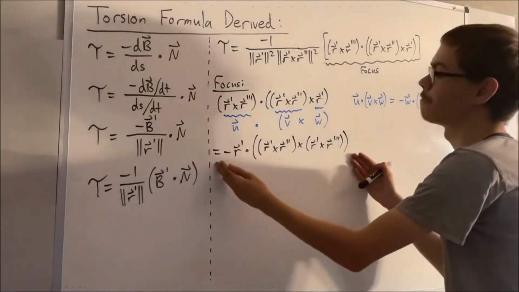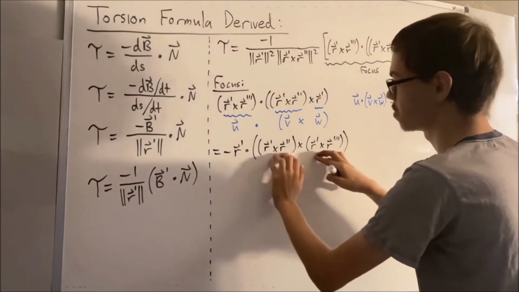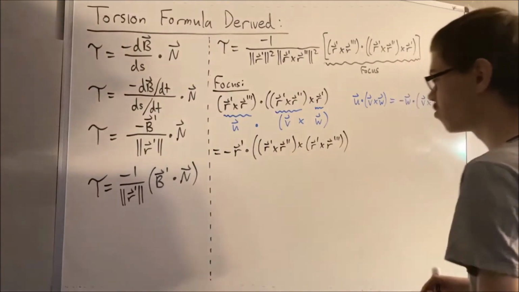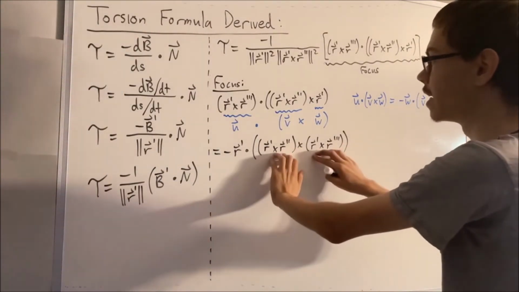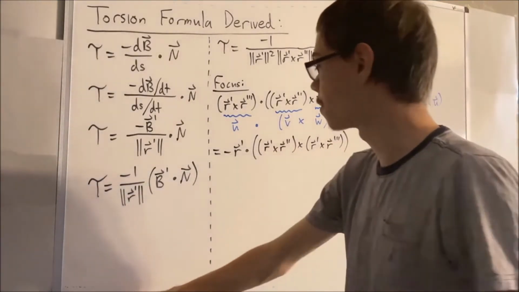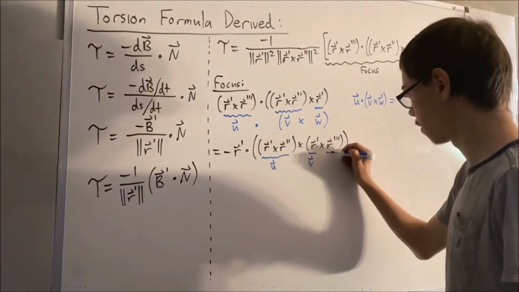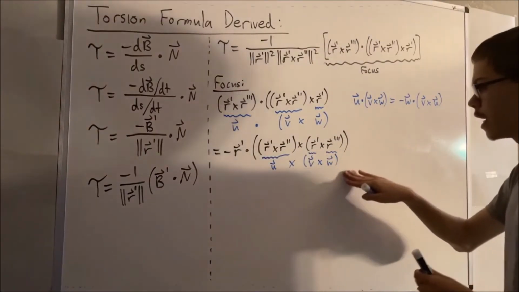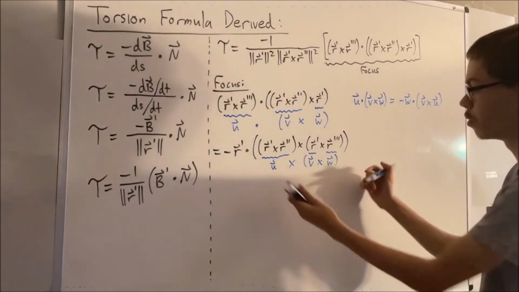So this is what we have now. So now we're going to want to focus on this cross product right here. And really what I want you to notice is that this entire thing can be represented as a vector triple product. In other words, it's in the same form as something like this. And if we recall, from the vector triple product, this would be equal to this.